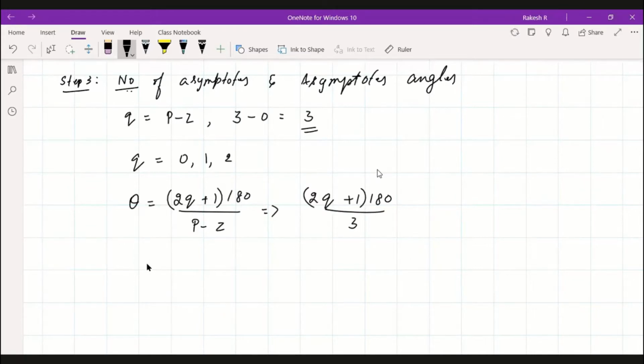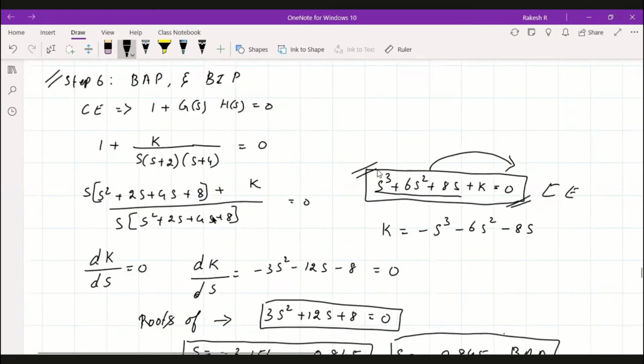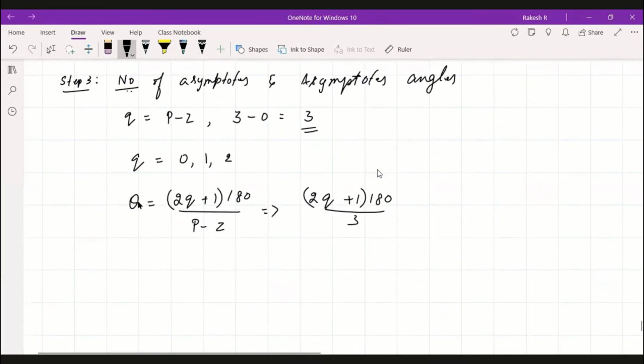Now substitute the values. Previously I have written 5 instead of theta, so I'll use 5 itself, so there is no confusion.